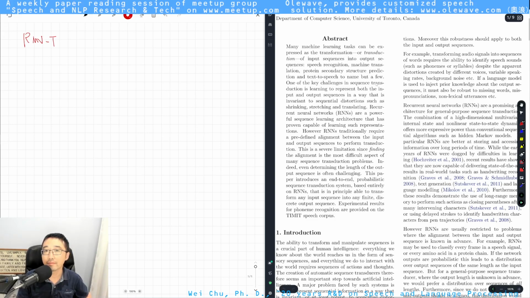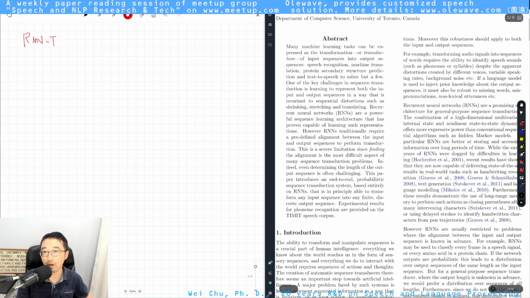He's saying that a lot of machine learning tasks can be interpreted as transformation. We all know Transformer, right? Transformer was introduced around 2017, but Dr. Graves mentioned this about 5 years earlier.